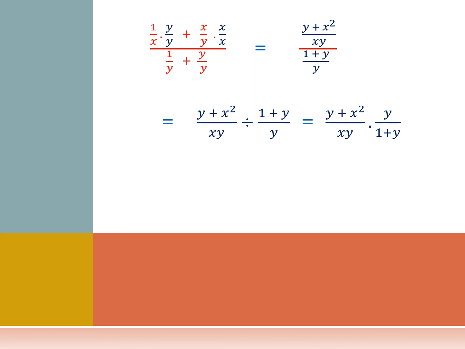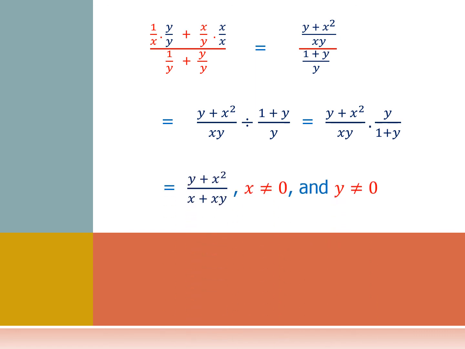Now change the operation from division to multiplication and swap the numerator and denominator of the second expression, so we get y over 1 plus y instead of 1 plus y over y. Now we can cancel the common factors between y and xy, then we will get the simplest form.